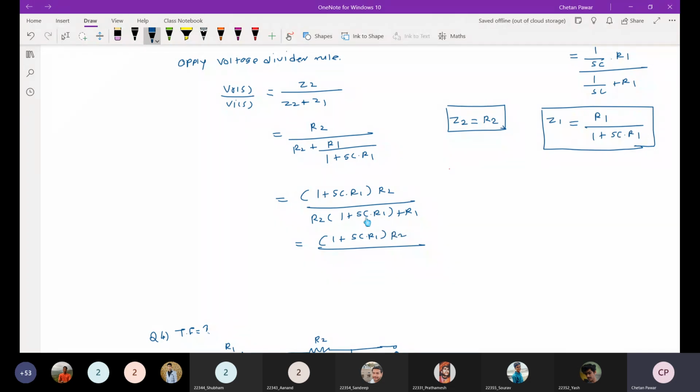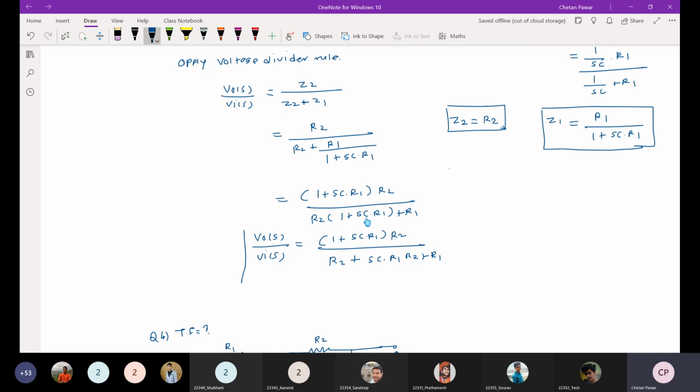So that will be R2 plus SC R1 R2 plus R1. You can take this term as common and mention it.